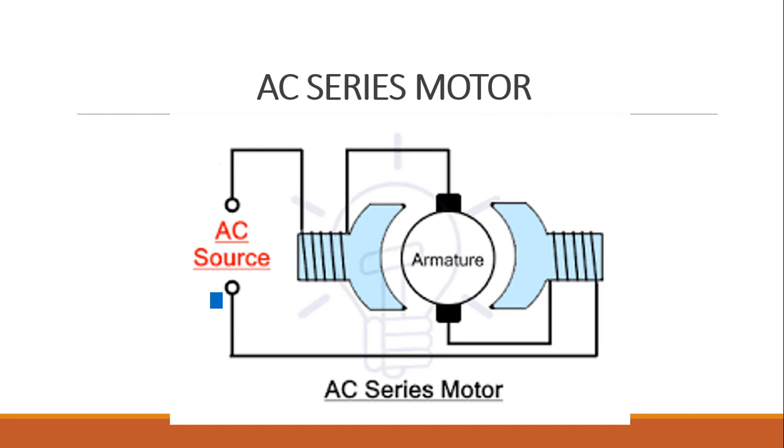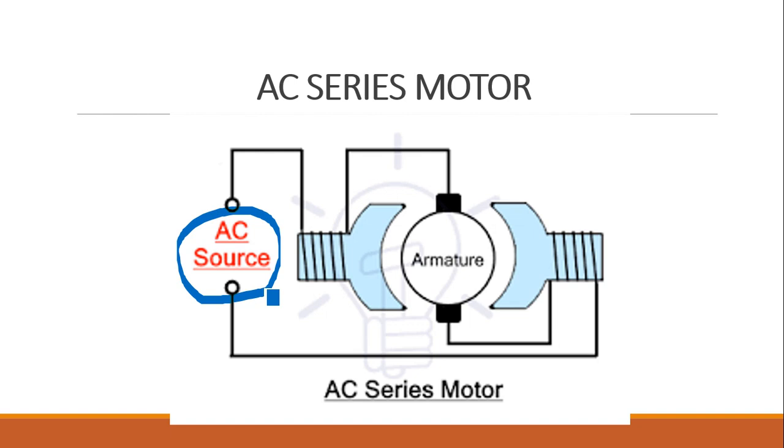Then what is the difference? The DC series motor is suited only for DC and the AC series motor only for AC, and if you want both AC and DC you can go for the universal motor. So there are some differences in design so that these can be taken care of.